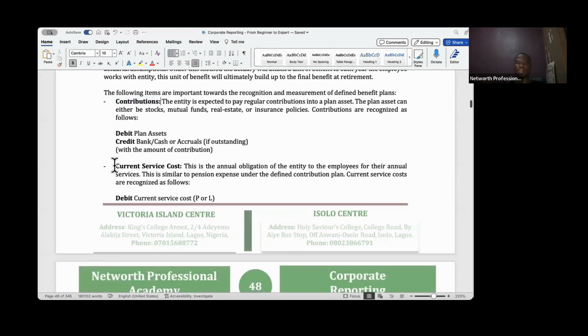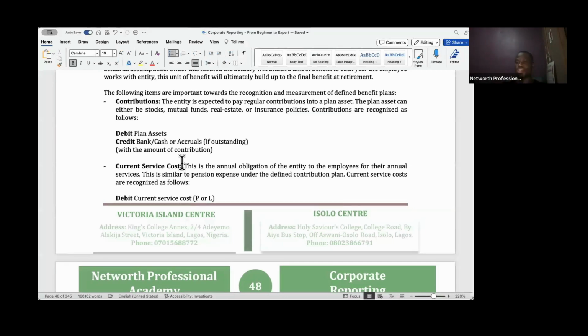Then the actuary will also give you in his report something called current service cost. And this current service cost is the amount of benefits that the employee has created for himself for working for you for one year. And it is this current service cost that would ultimately build up the post-employment obligation.